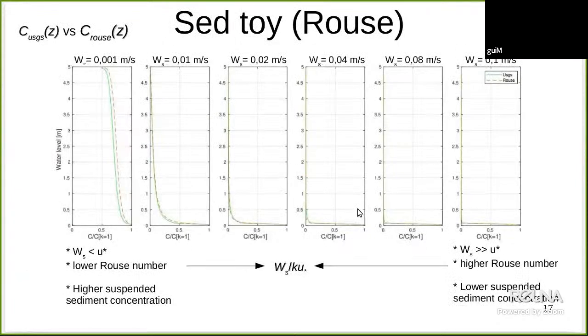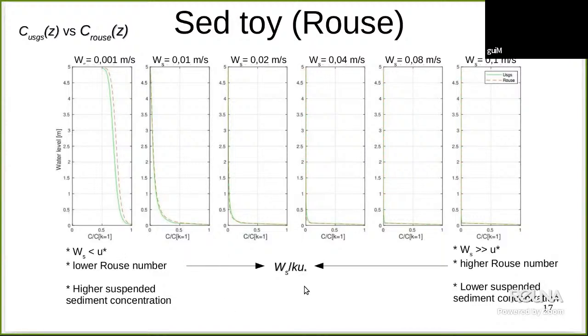So that's it. On the left, we have lower settling velocity, and on the right, you have higher settling velocity. That means we have the first sediment class, the first mud class and the last mud class.